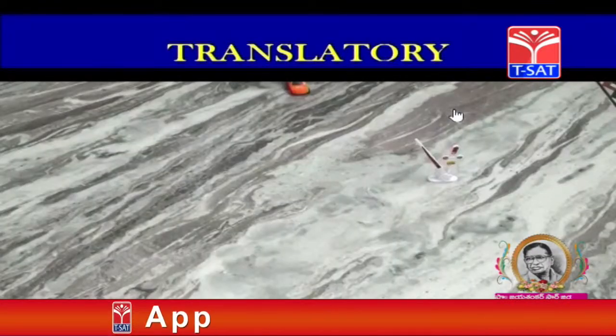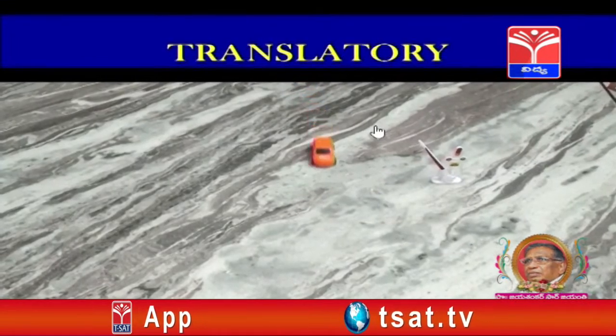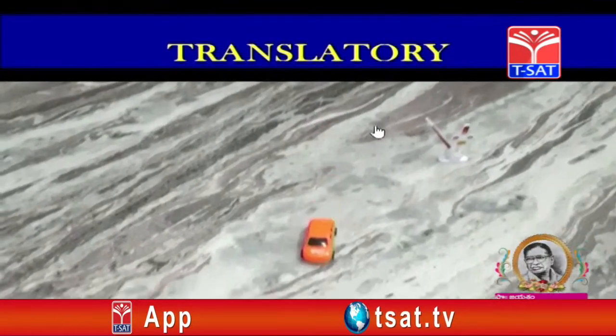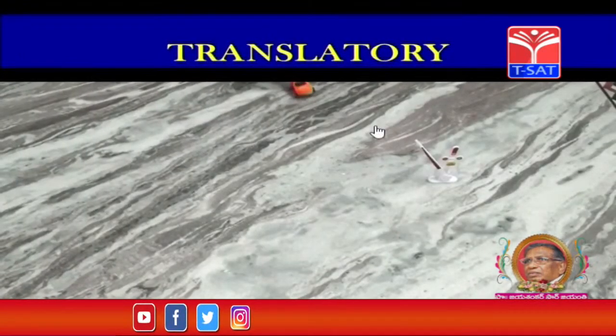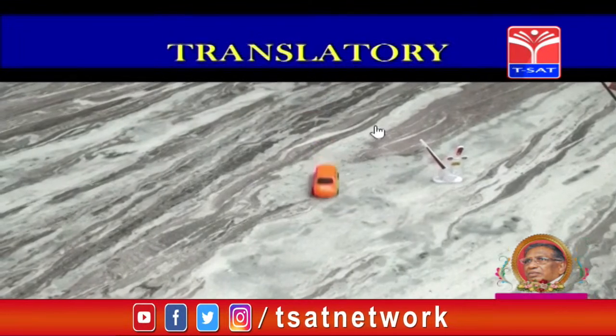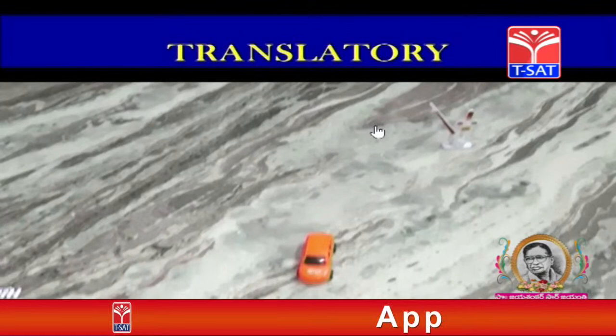Look at the video here. Here the car is moving in a straight line. So, all the parts of the car are moving in a straight line. So, we can say the car is in translatory motion, or it is also called linear motion. Let us look at another example here.